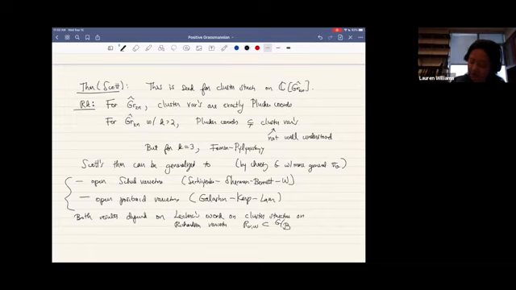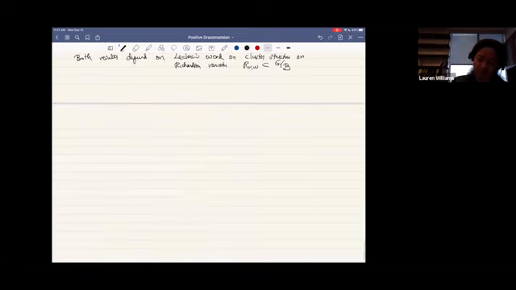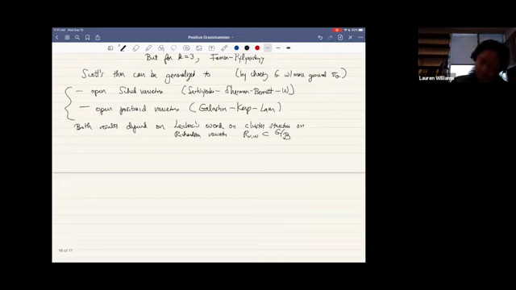Leclerc gave a construction of a cluster subalgebra in the coordinate rings and showed that in some cases it's equal to the coordinate ring.